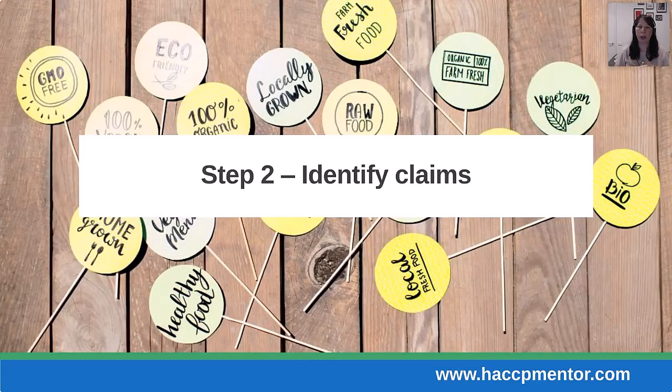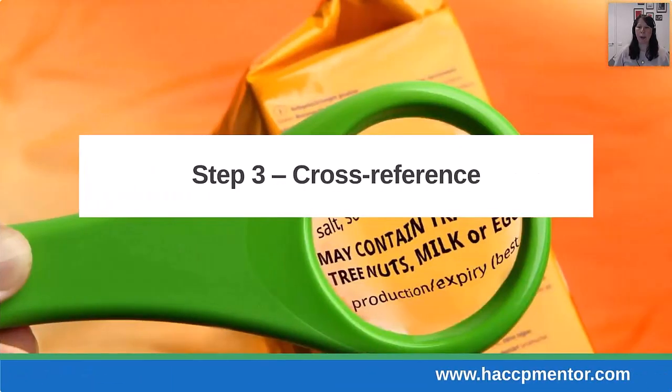And don't forget to include any outer packaging, or what we call shippers, that the product goes in to the supermarkets if that's where you sell your product through. So we're going to review those items, the labels, and write out a list of all the different food label claims.